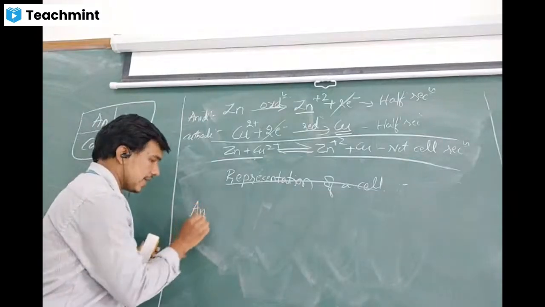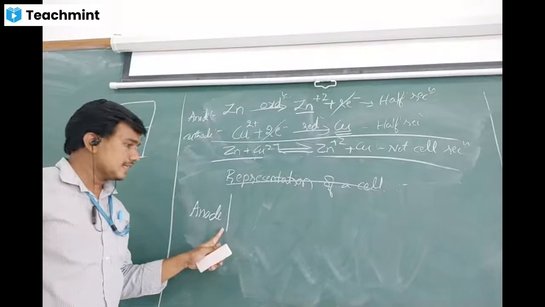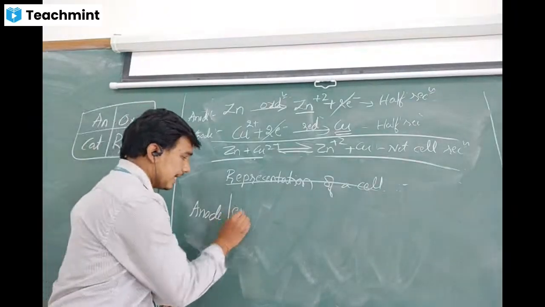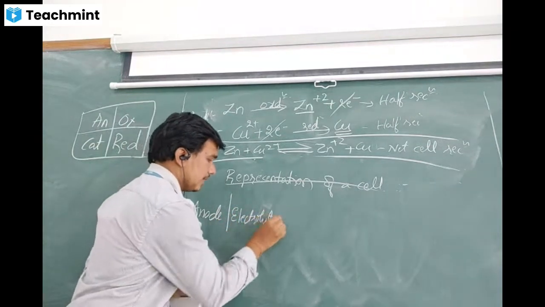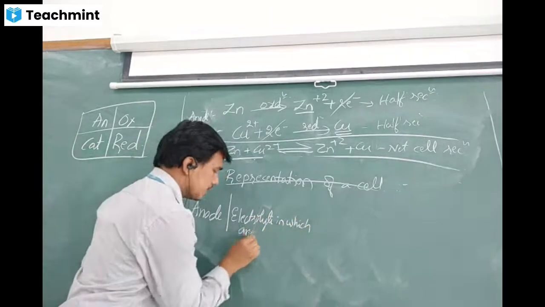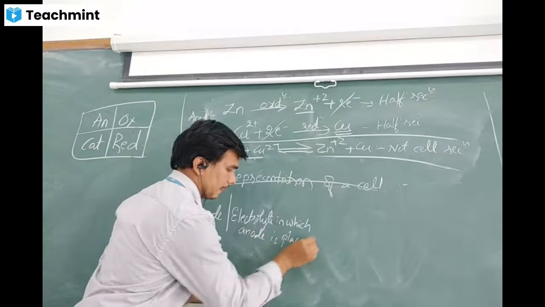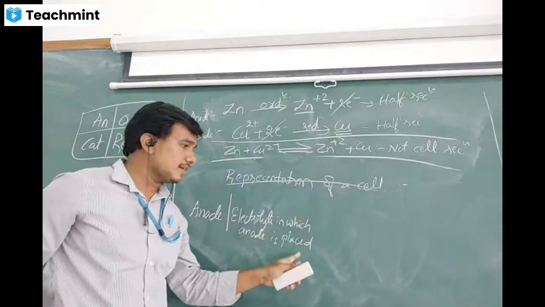Yes, anode. Then a single vertical line. Next, the electrolyte in which the anode is placed.